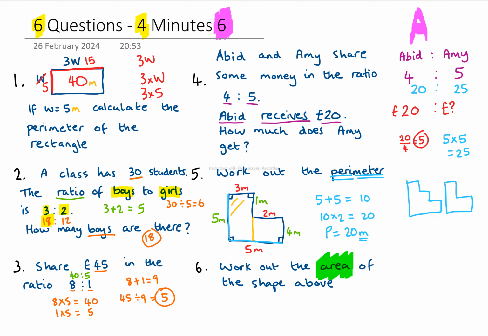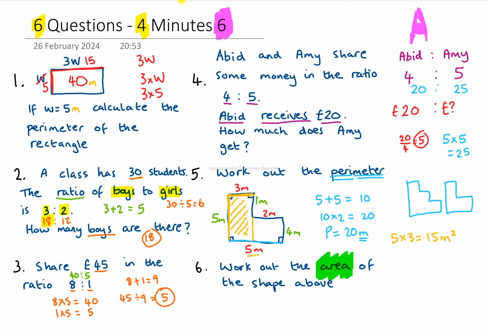So I want to work out this area. Don't get confused by this 5. It's this 5 here times this 3. So our first area that we're looking at is 5 times 3, which is 15 square meters, or meters squared.